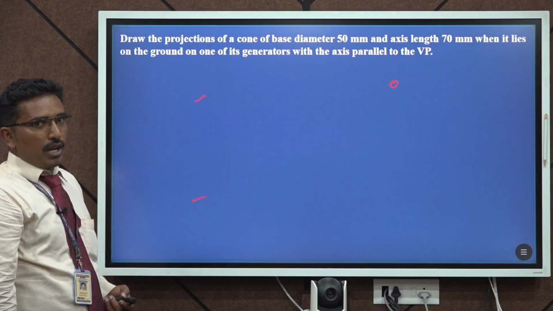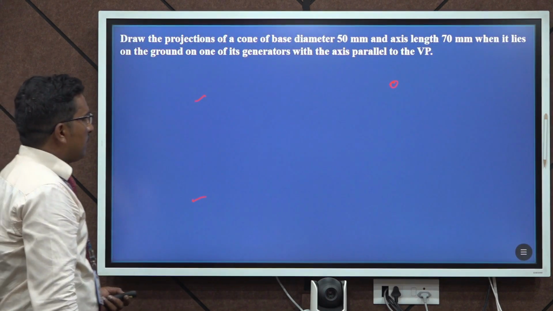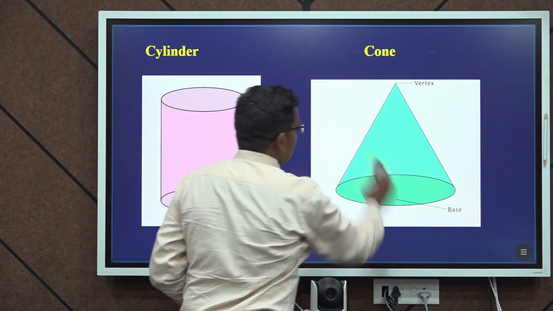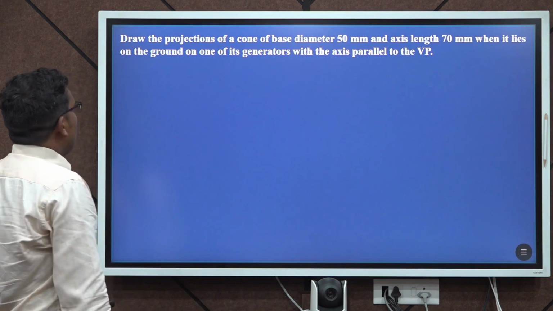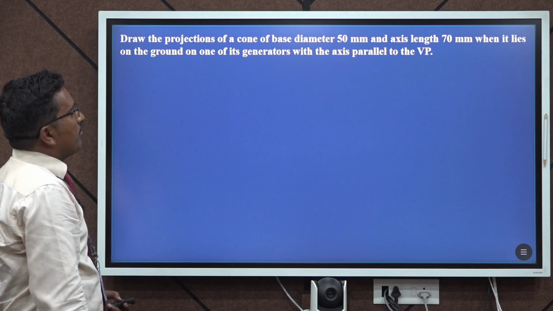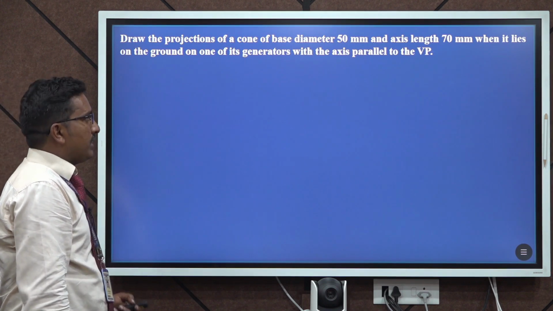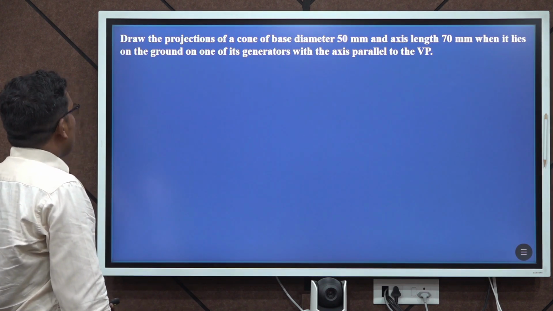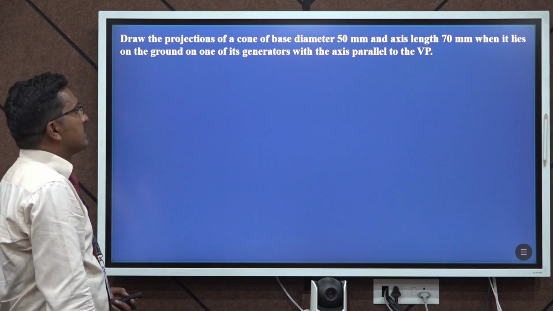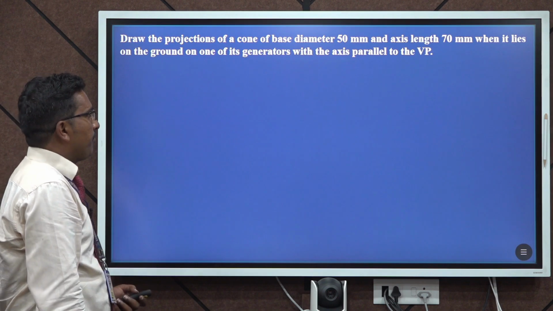Let's see a problem. Draw the projections of a cone, base diameter 50 mm and axis length 70 mm, when it lies on the ground on one of its generators with the axis parallel to the VP.